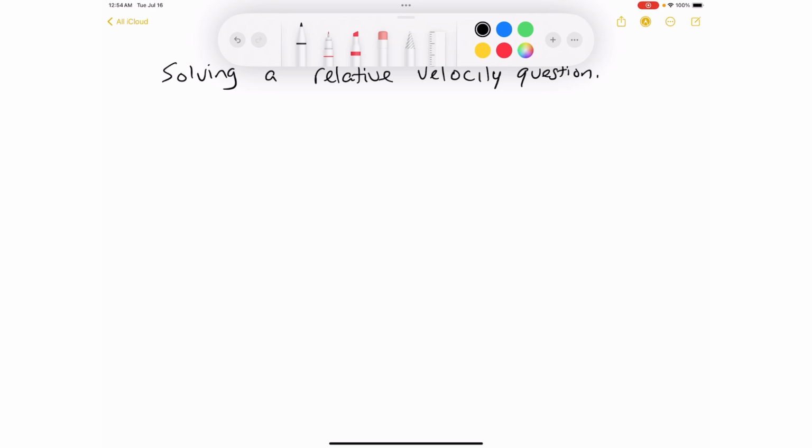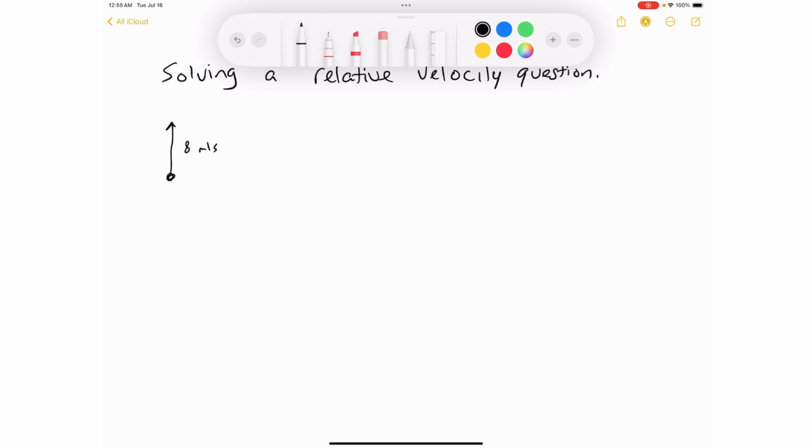So what I want to do is draw a vector as I'm describing what's happening. So Juan is going straight north up the field, and he is running at 8 meters per second.